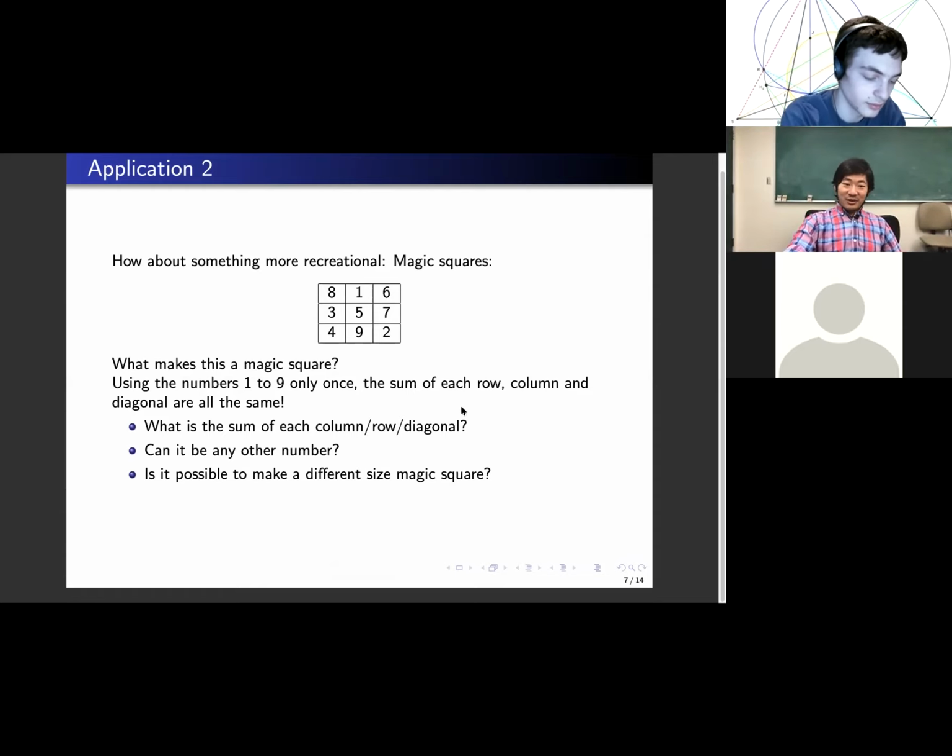Okay, so here's a couple of questions. Is it possible to make a magic square where the sums are different? So using numbers 1 to 9 only once, and you want to have a square where the numbers add up to something different, but they're all the same. So is that possible?